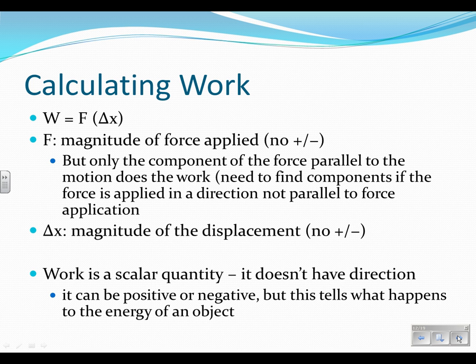Remember, scalar quantities don't have direction. That doesn't mean they can't be positive or negative. We use the positive and negative on a vector quantity to indicate direction, but scalars can be negative too. It just means that something is decreasing. It's going down. The amount of energy that an object has decreases. That means negative work.